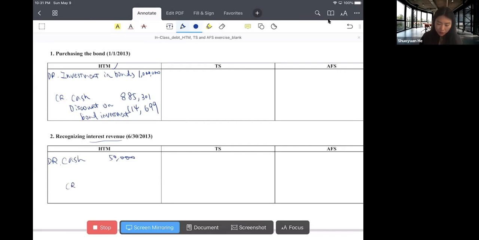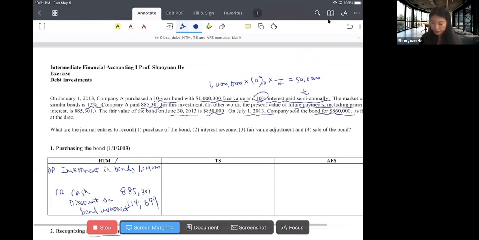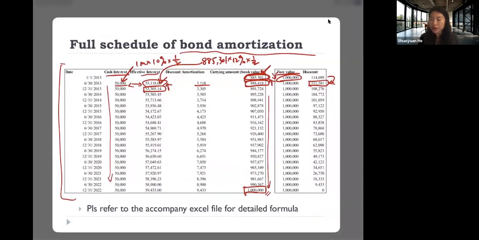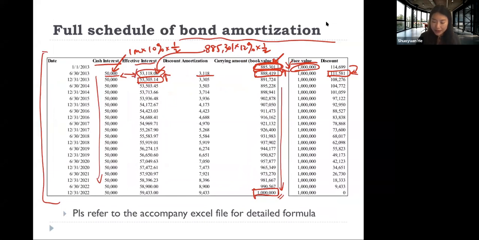And then we need to record it as interest revenue. The interest revenue is calculated as the book value of the bond at the time, multiplied by the market interest rate, multiplied by the fraction of the year. And we already calculated it here. So we just take the number here, which is 53,118.